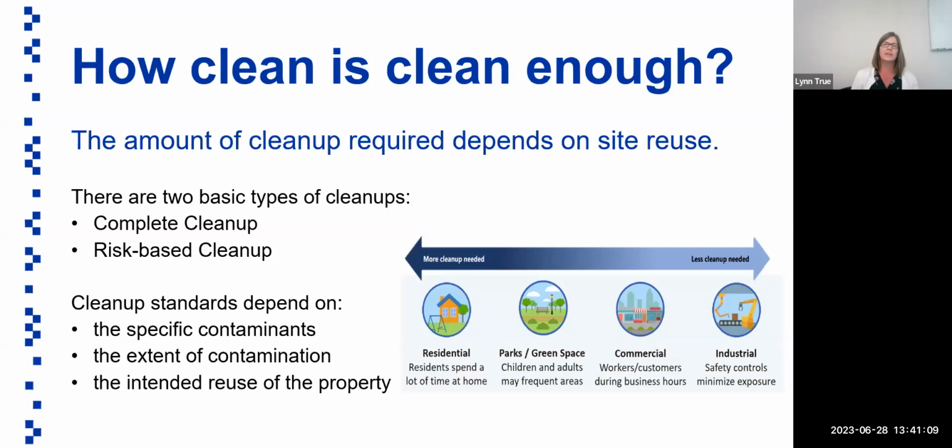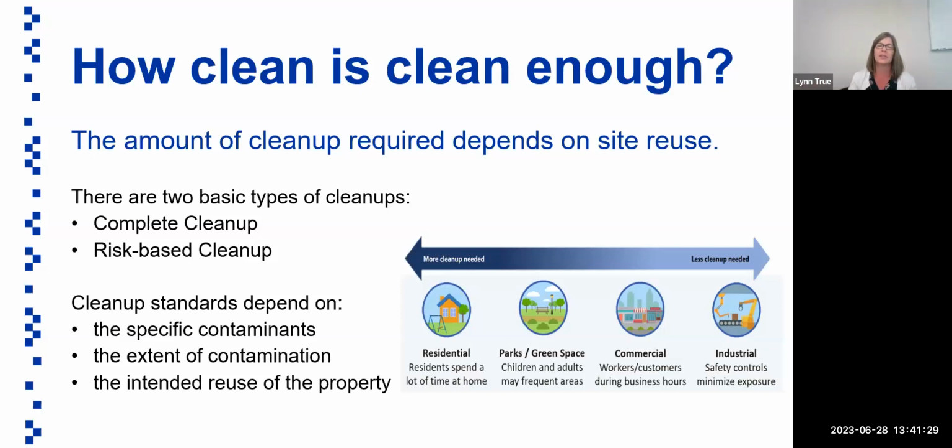Right. Well, basically in remediating brownfields, there's two types of cleanups, and that's complete cleanup and a risk-based cleanup. A complete cleanup, as you can imagine, results in removing all the contamination almost to a pristine condition. Well, actually, complete removal of any type of contamination.